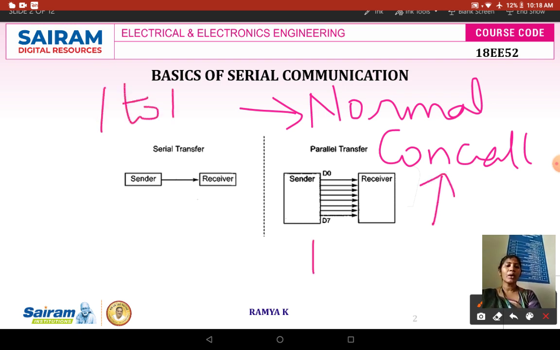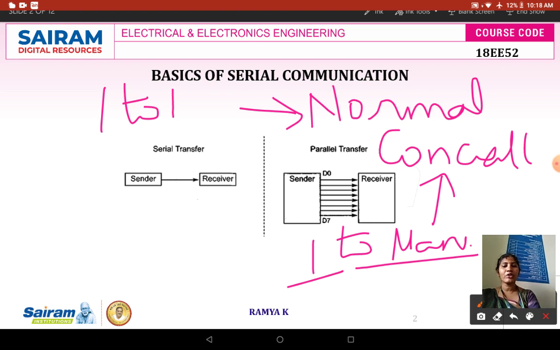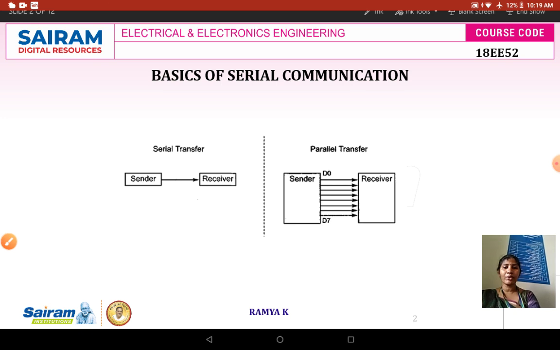Con call is one-to-many. So it means that here the information is communicated to many persons at a time. It means that you will be having many channels in case of your parallel communication. It means that the transmission channel in case of your parallel communication is more.